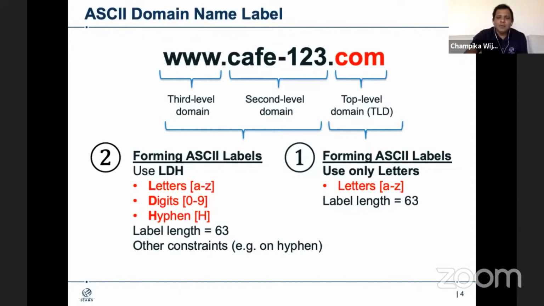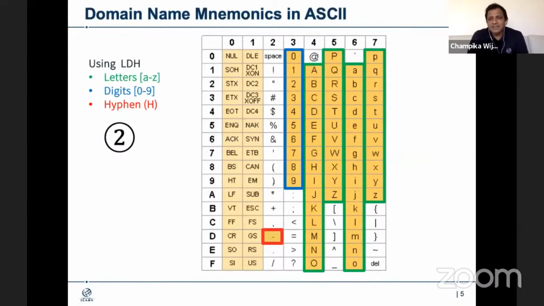Now, from historical days, we have been using ASCII to define these strings or labels or domains. This is a snapshot of the ASCII table. ASCII is a standard. ASCII stands for American Standard Code for Information Interchange. ASCII was defined a long time ago.